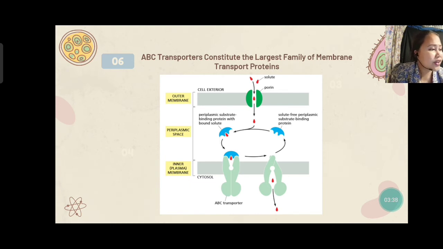This figure is the auxiliary transport system associated with transport ATPases in bacteria with double membranes.